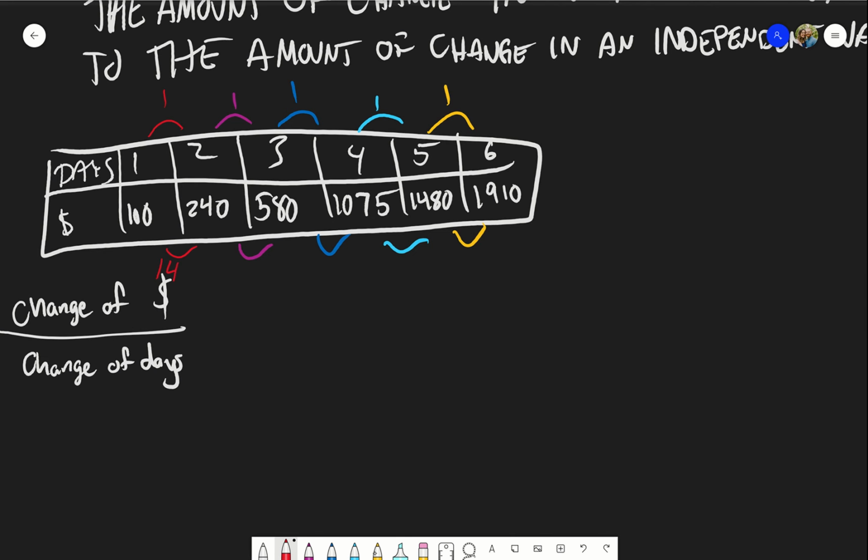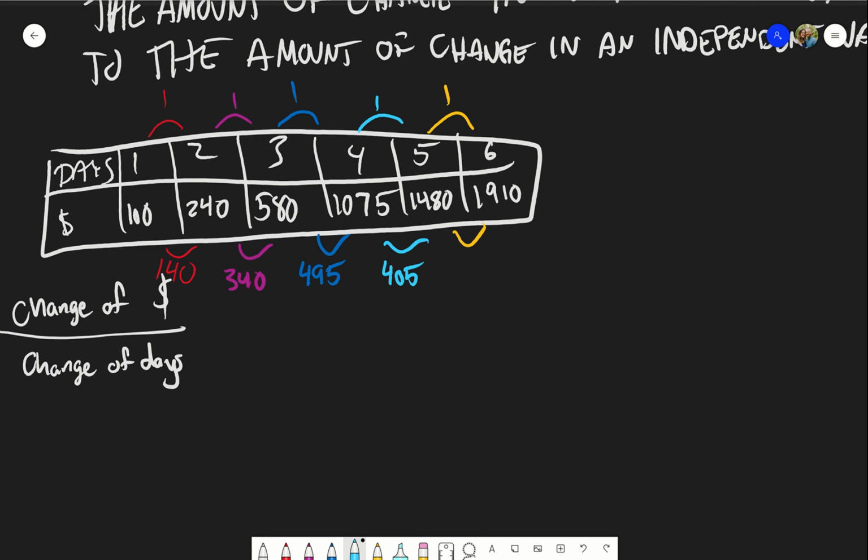Day 1 was $100. I take my bigger number, I subtract my smaller number. Then I have 580 minus 240 gives me a total of $340. Then I have 1,075 minus 580 gives me $495. Then I have 1480 minus 1075 gives me $405.